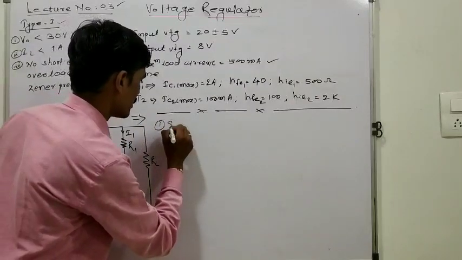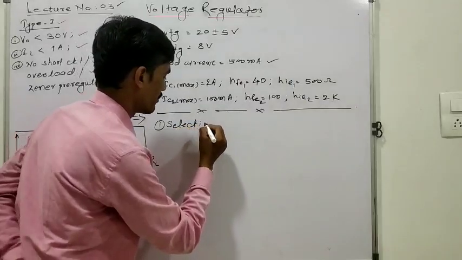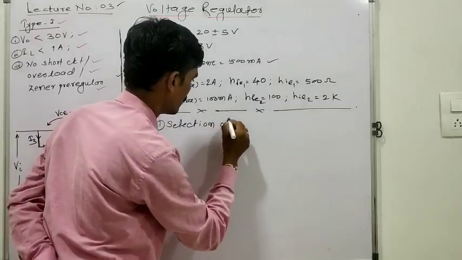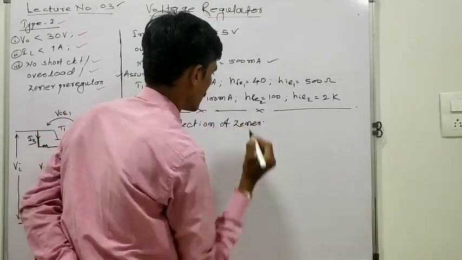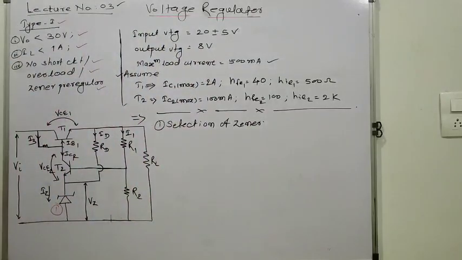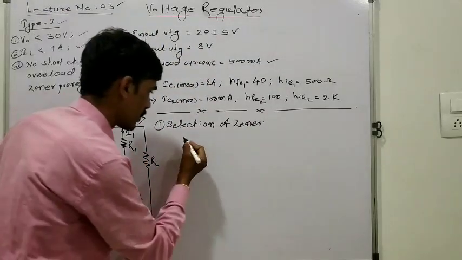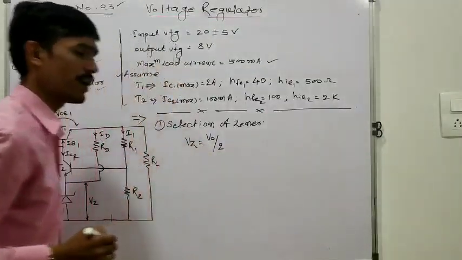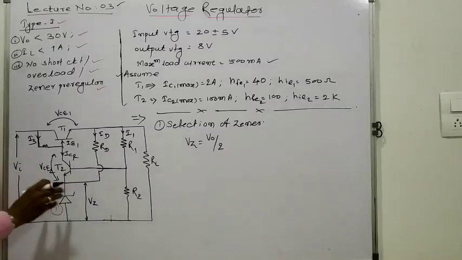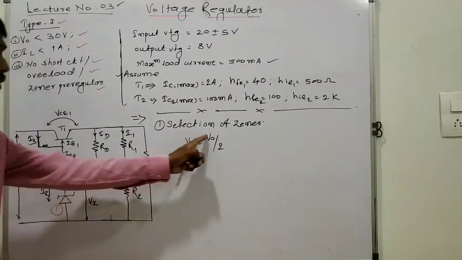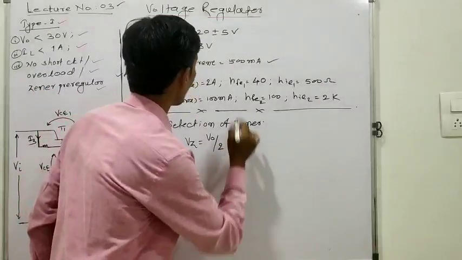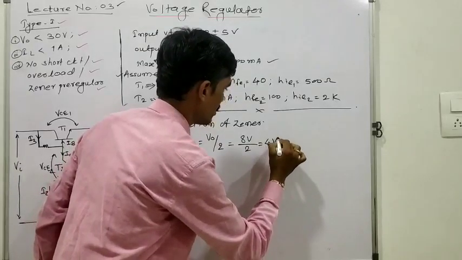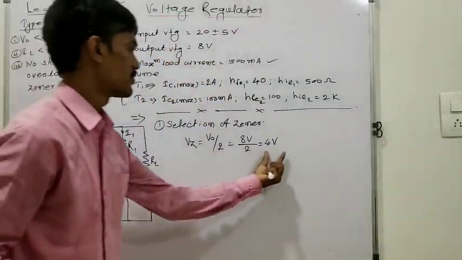We have a formula for Zener voltage: Vz equals Vo by 2. We have to select a Zener such that the voltage across it is Vo by 2. We know the output voltage Vo is 8 volt, divided by 2, so it is 4 volt. So Vz equals 4 volt.